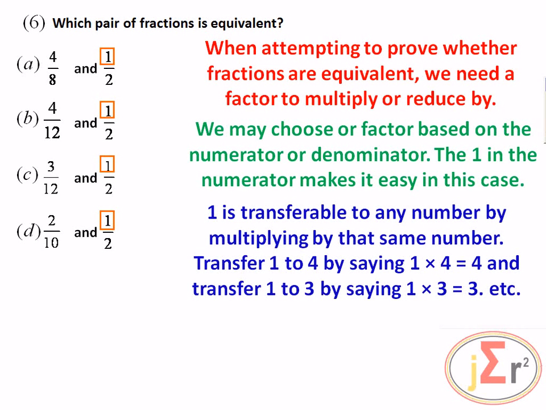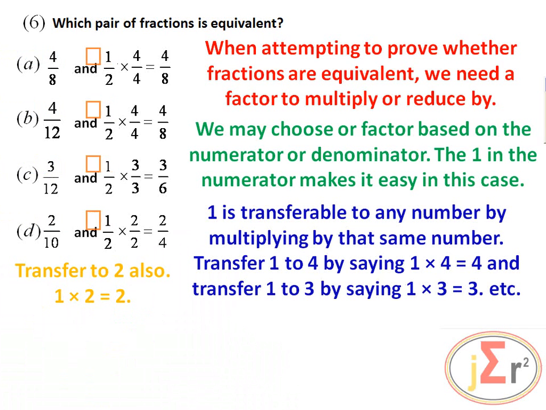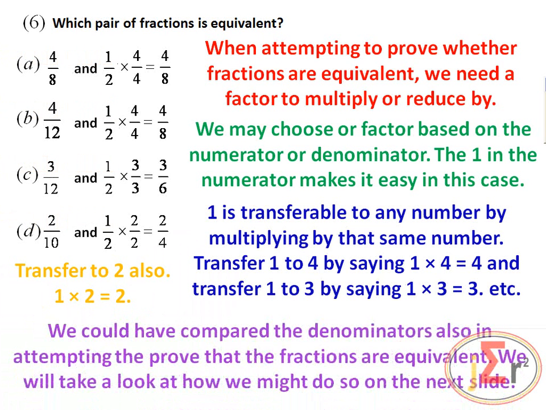And transfer 1 to 3 by saying 1 multiplied by 3 is equal to 3. And so on. We did that before. Transfer 2 also. 1 multiplied by 2 is equal to 2. So we have done that for all of those.